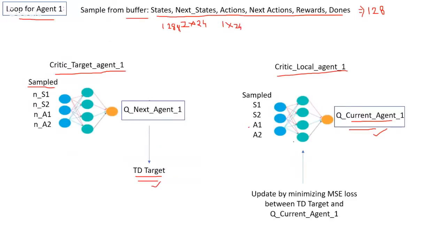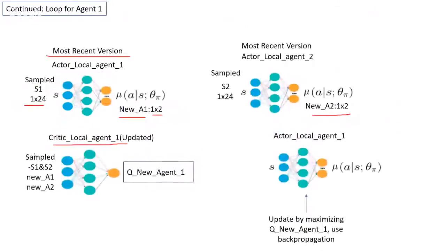We just updated this by running backpropagation here, right? So here I'm saying, okay, now I have a new critic local. So let's see how my new critic local performs given the same states but new actions. So this is what you get. This makes it more relevant, right?